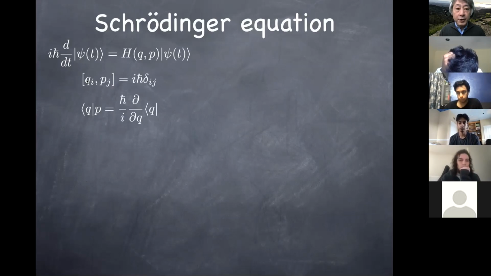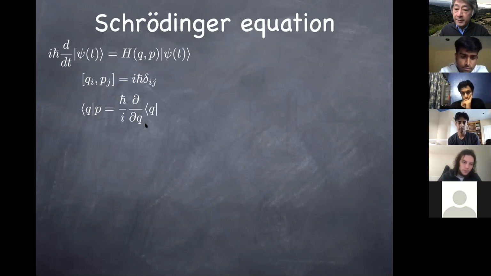The second term, negative PQ, has P acting on the Q bra, and you still have the Q operator next to it. So you need to find a way of writing the P operator in this Q representation. Once you identify the P operator acting on the Q bra to be this differential operator, you can confirm that you correctly reproduce this canonical commutation relation.